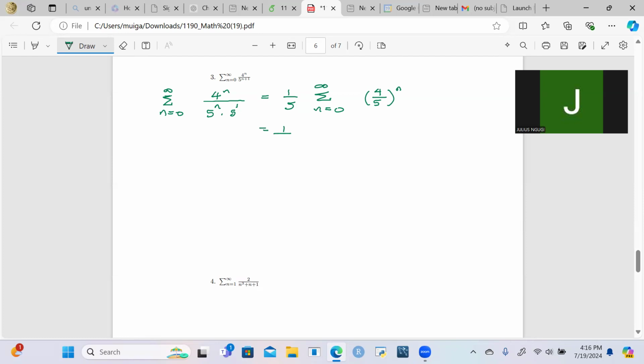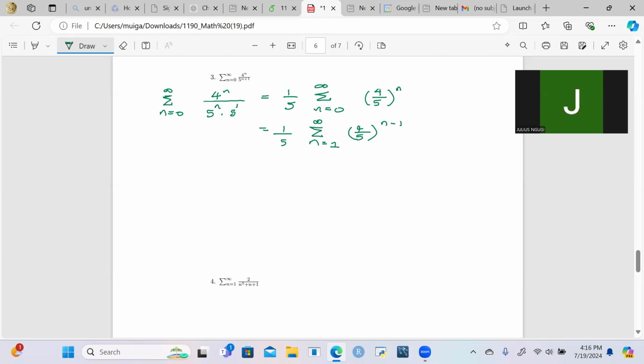So what we see here, 1 over 5, the sum, if n starts from 1, 0 plus 1, so n starts from 1 to infinity, then this one will become 4 over 5 to the power of n minus 1.